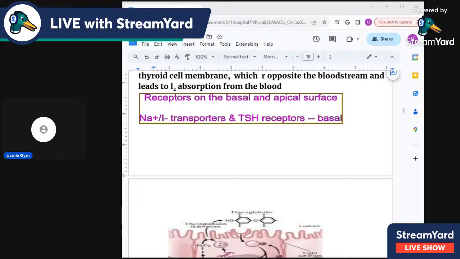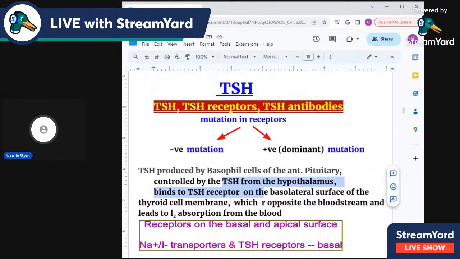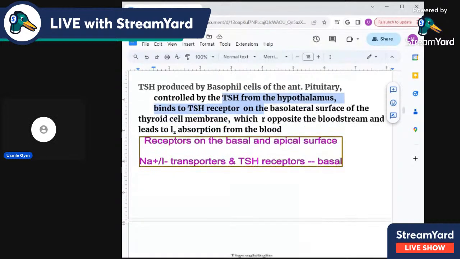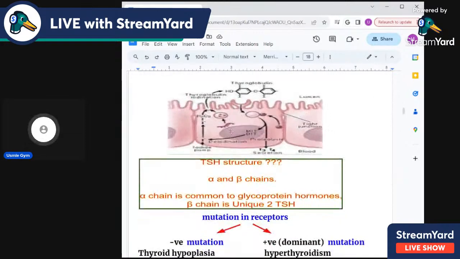Okay, we were here. TSH is controlled by the hypothalamus, which produces TRH, TSH release hormone. So where does it act? This is the basal surface.